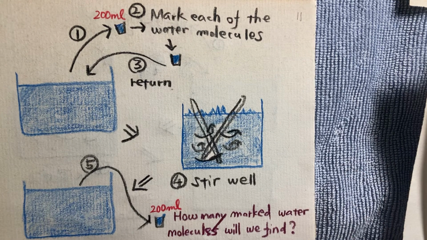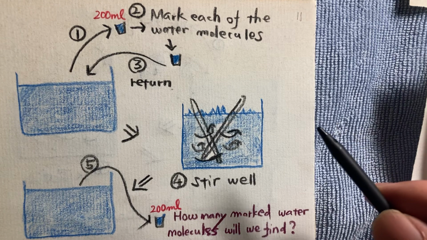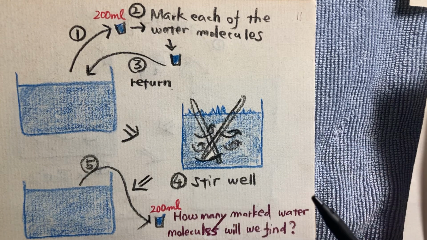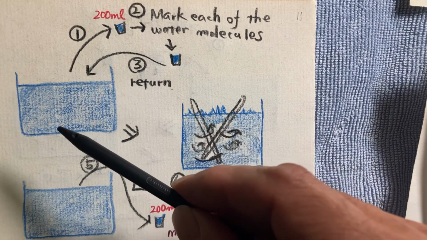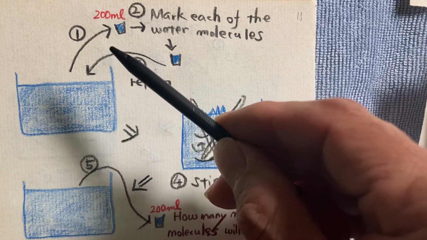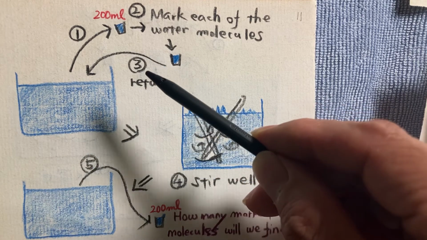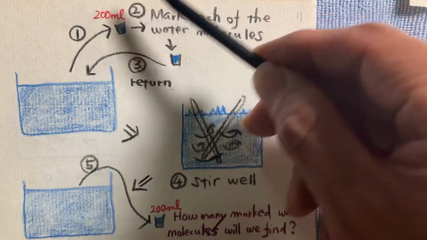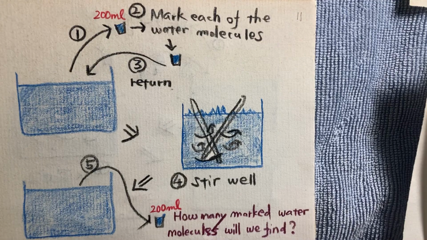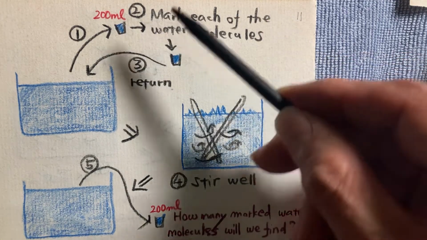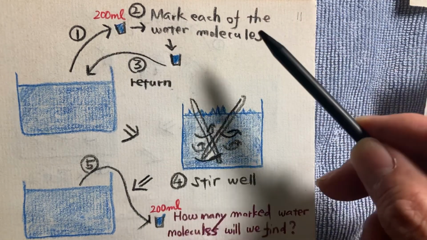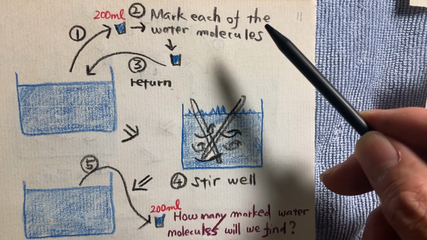Let's continue the explanation. The experiment goes as follows. Take a 200 milliliter glass of water out of the container and mark each of the water molecules.